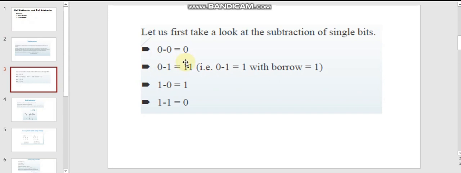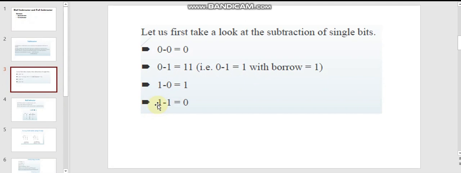I have to take a borrow. So this bit is showing the borrow. The difference would be 1. So here borrow is 1 and difference is 1. When I subtract 0 from 1, then the difference is 1. The borrow would be 0 in this case. When I subtract 1 from 1, then the difference is 0 in this case. The borrow would be 0.